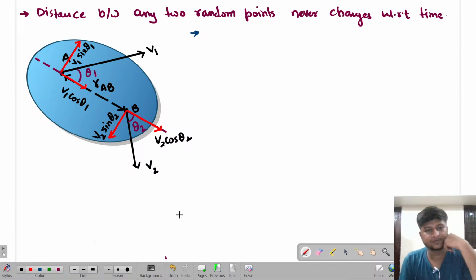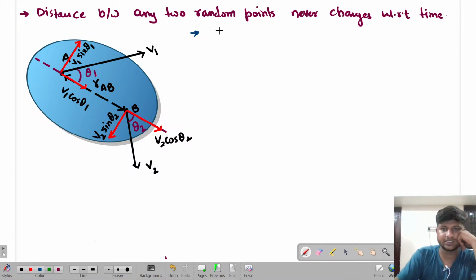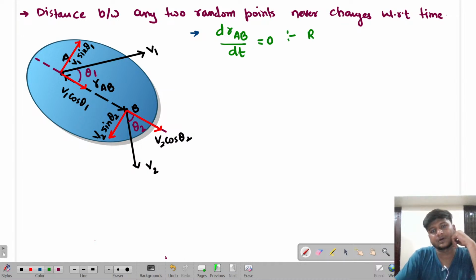Are you able to get me or not? Now the idea is, if the distance between A and B does not change, then we say that d of RAB with respect to time dt will be equal to 0. This is the first concept of a rigid body. Now, what is the rate of change of RAB?